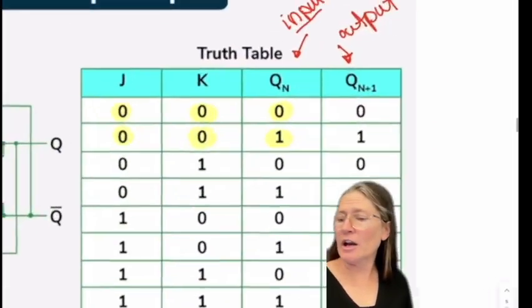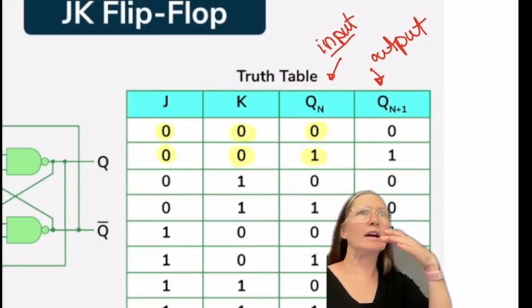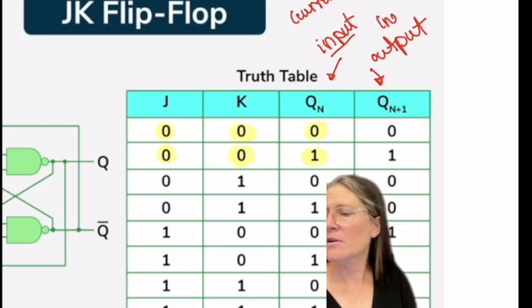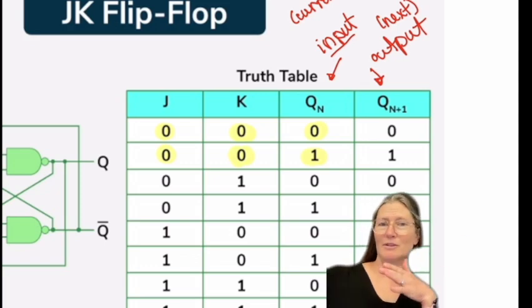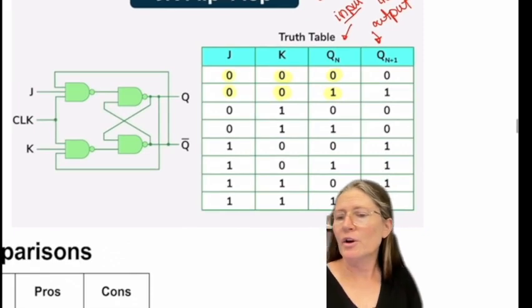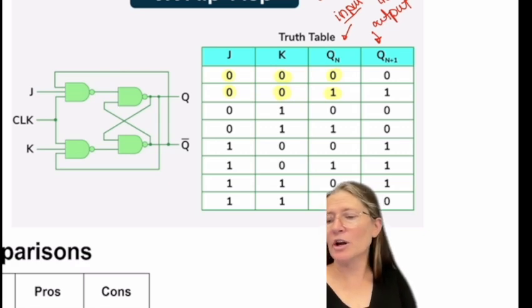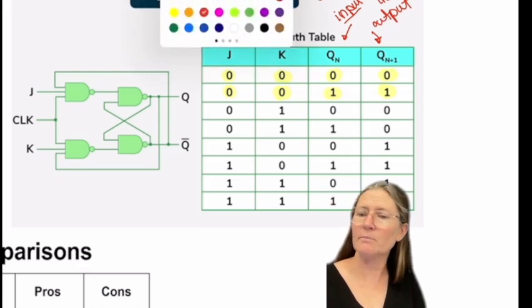JK, on the other hand, depends on what your previous state was to what your next state is. So this is current state and next state. It uses that current state, even though it was your previous output, as basically another input. So in this case, when J and K are 0 and 0, this basically keeps the data in there the same.